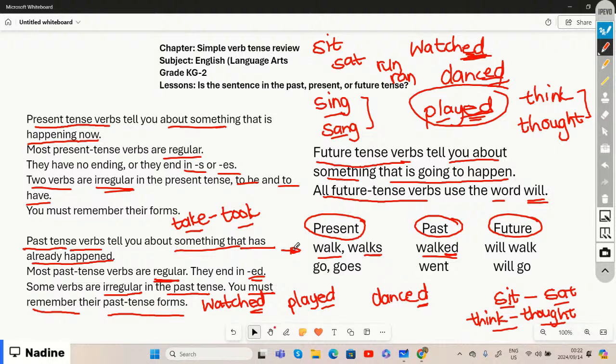But now in the future, Monday, when Elizabeth or Basil goes to school, then we can say they will walk to school because it means that it is something that is going to happen. So now we say that Elizabeth and Basil will walk to school. And that shows the future tense.